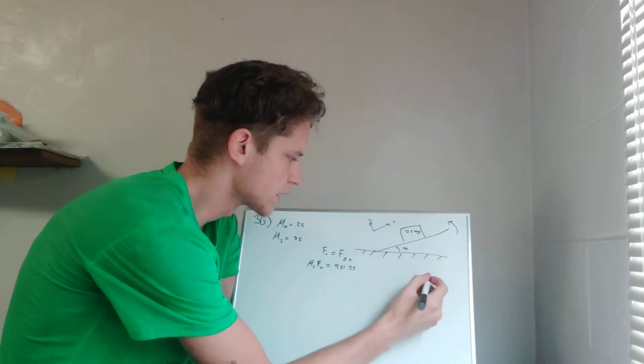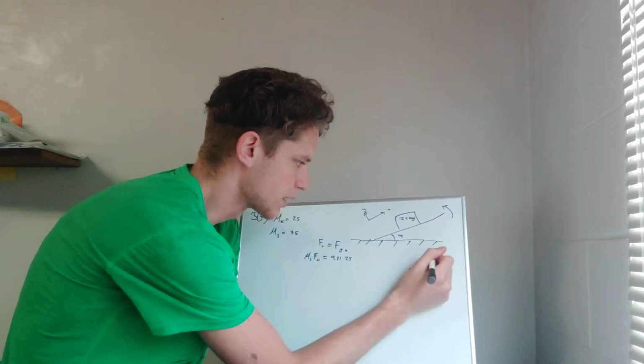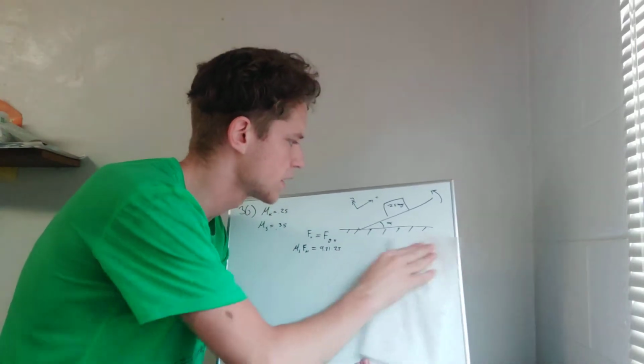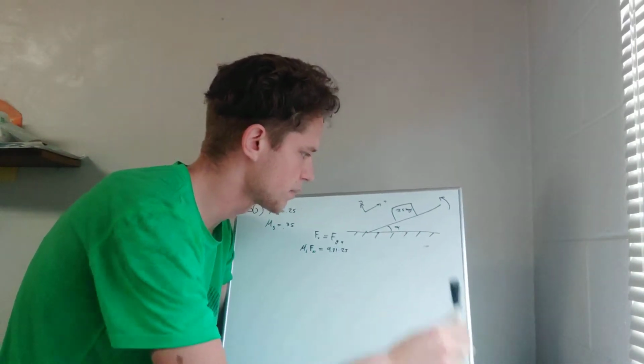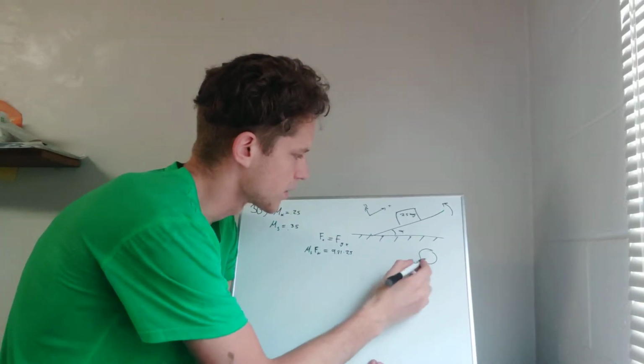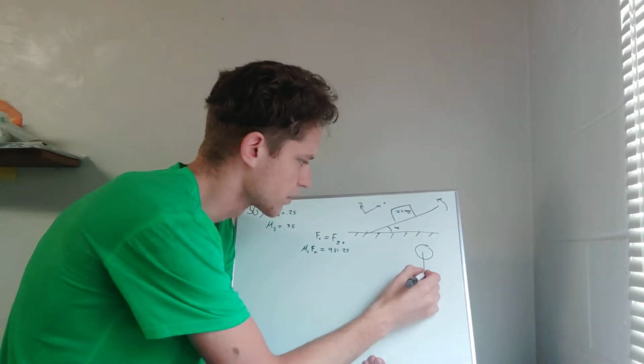So if we draw this again, just like the free body diagram, we actually don't need the ground, because this is a free body diagram. So you have your box. I'm just going to get lazy and draw a circle. And then you have the force of gravity pulling downwards.